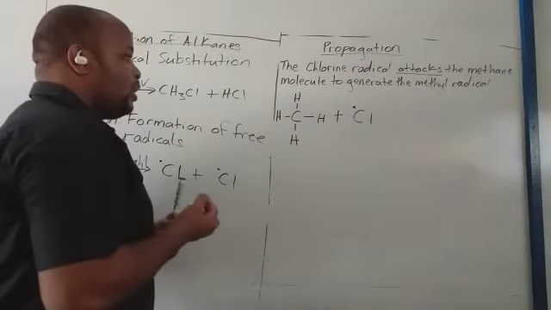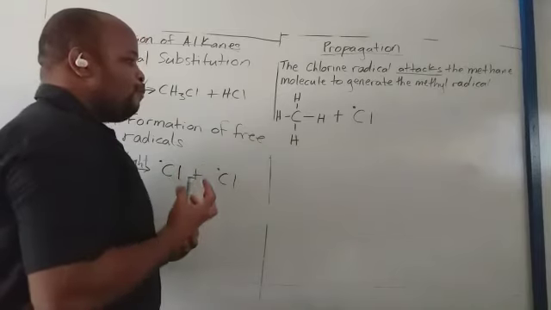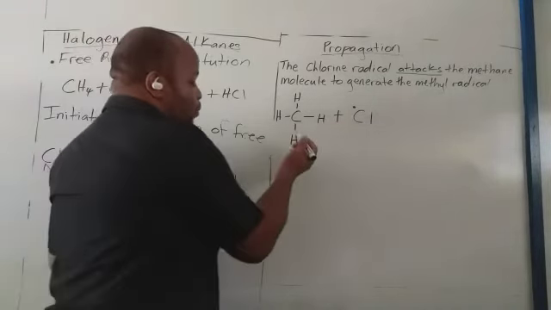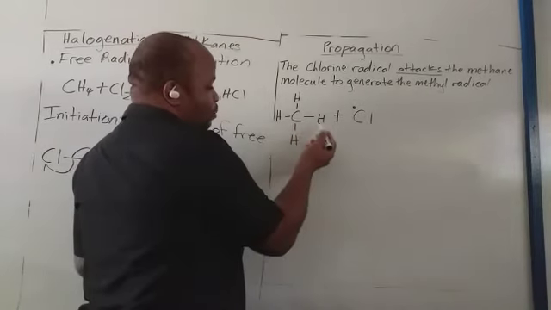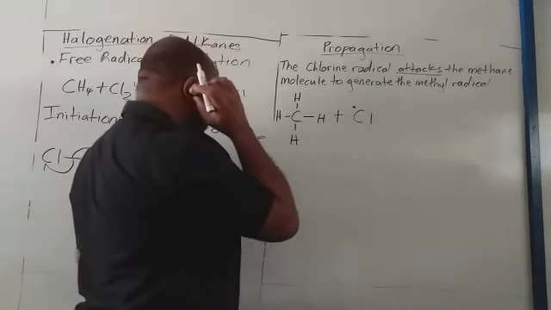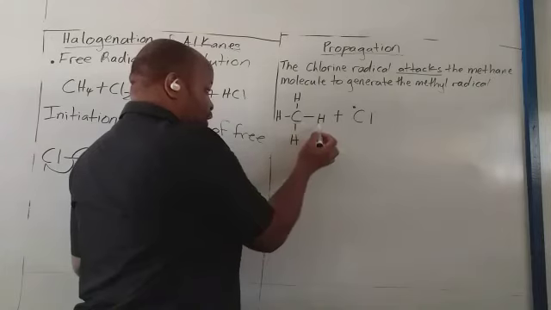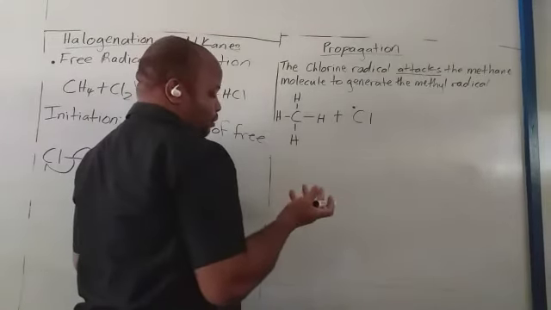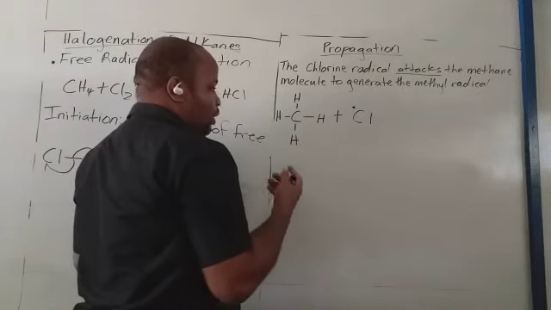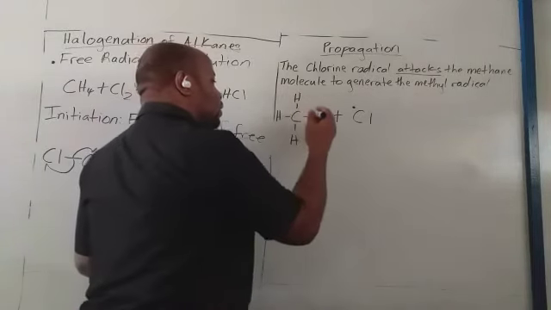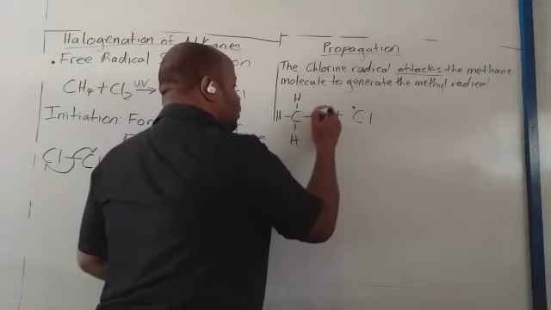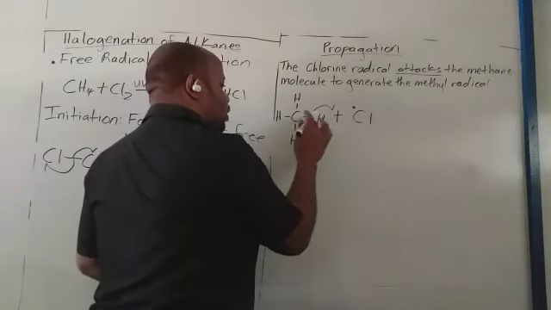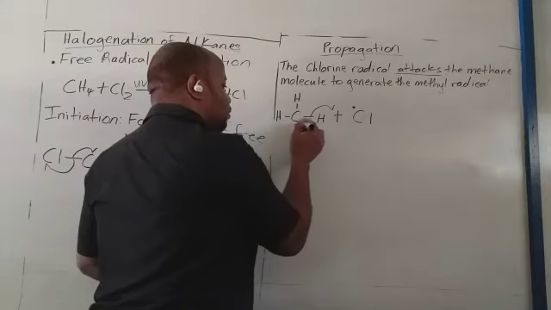If you don't put in the curved arrow or a fishhook, your mechanism is incomplete. We already know that the bond between carbon and hydrogen is nonpolar. Therefore, if it is going to break, it is going to break homolytically. So hydrogen gets one electron, carbon gets the other electron.